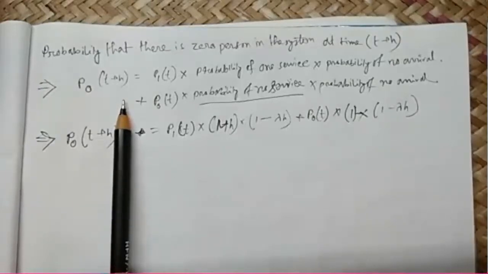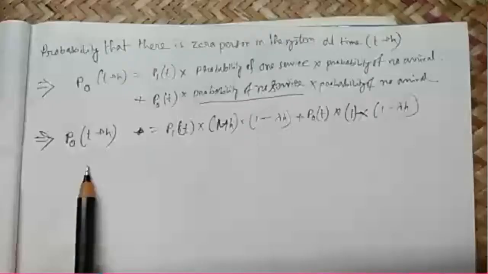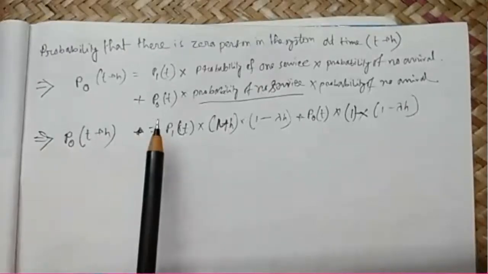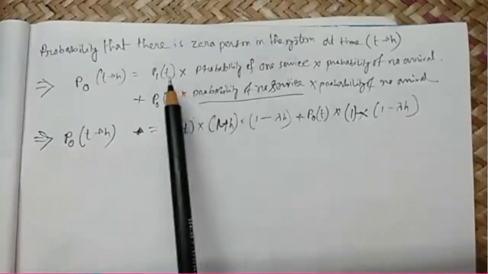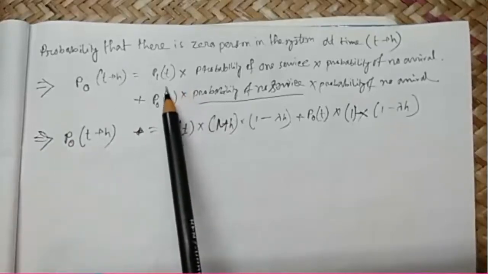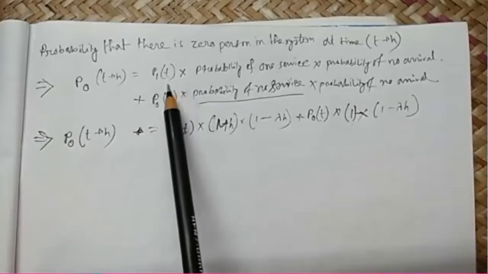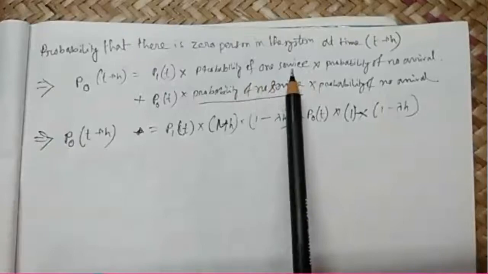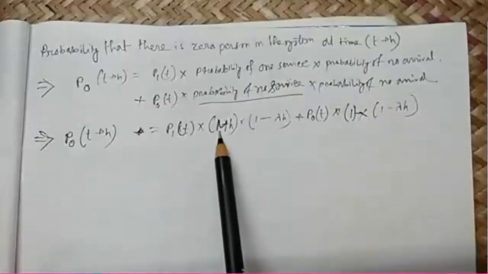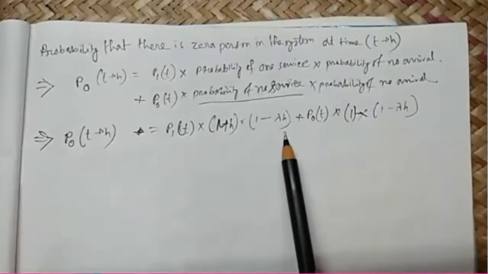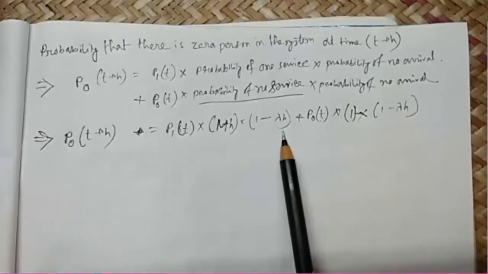Okay, sorry about that. Lambda h. So here this remains the same: the probability at time t plus h that there are 0 persons. Here P1 at time t means at time t there was 1 person, into the probability of one service, which is mu h, into the probability of no arrival, 1 minus lambda h, as we discussed earlier.